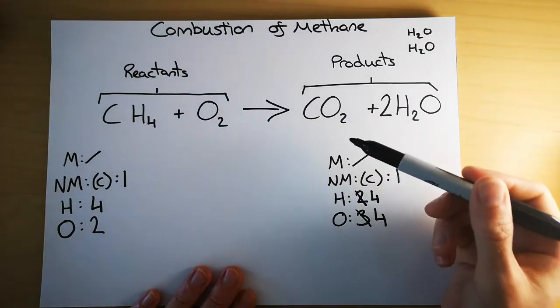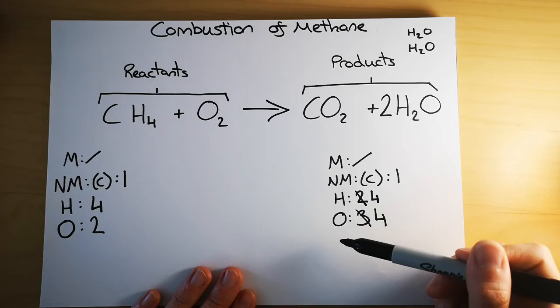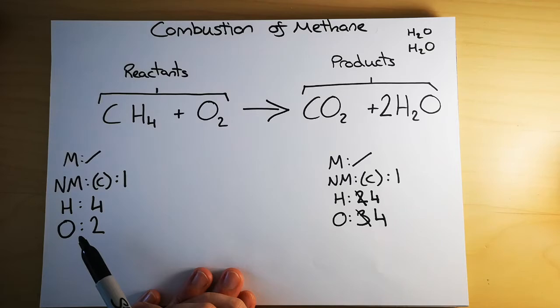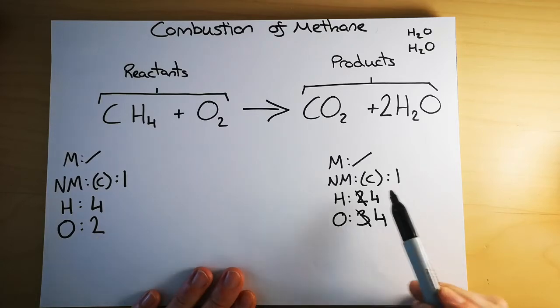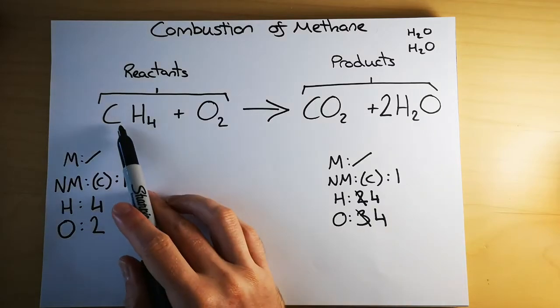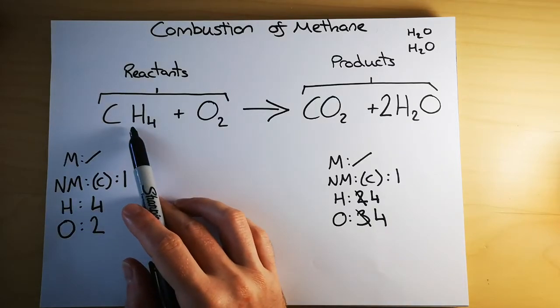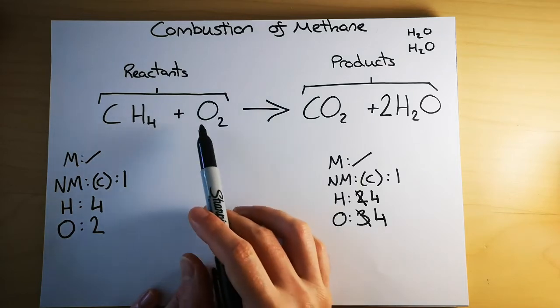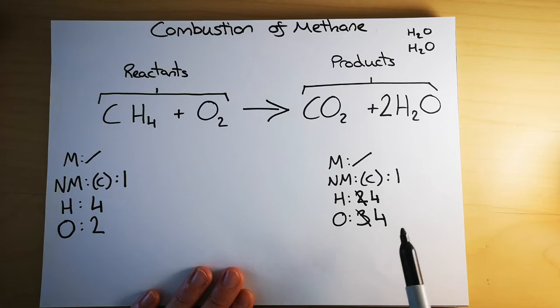Now, the last thing that I've got to balance is oxygen. So I've got an oxygen on this side, and I've got 2 oxygens. I've got oxygen on this side, which is 4. Now, if I play around with that, I'm not going to change the number of oxygens. If I play around with this, I certainly can change the number of oxygens. Now, I want 4.